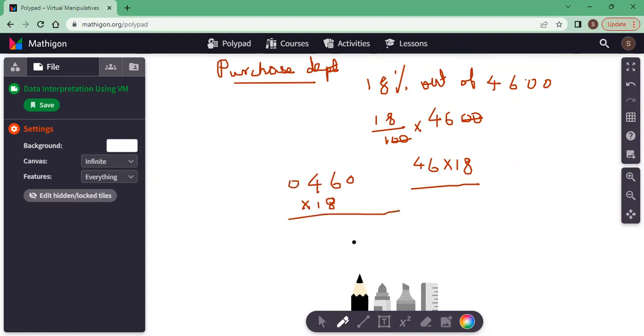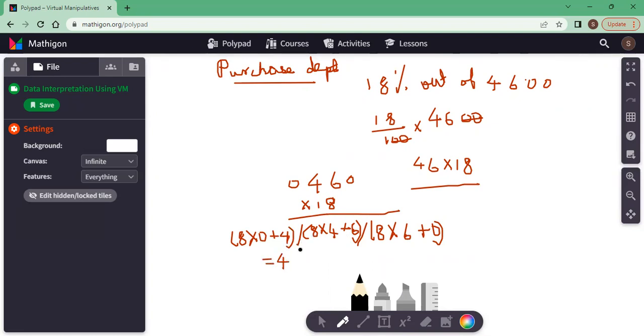So what do we do here? So 8 into 6 plus 0. 8 into 4 plus 6. 8 into 0 plus 4. So it is nothing but 4.